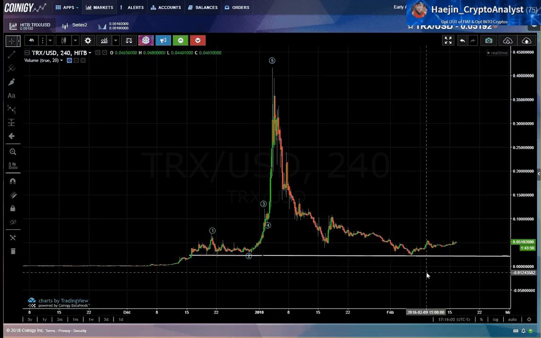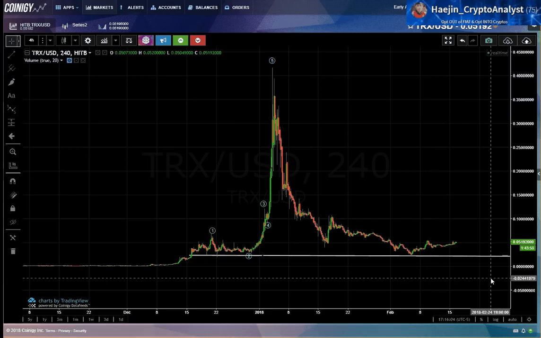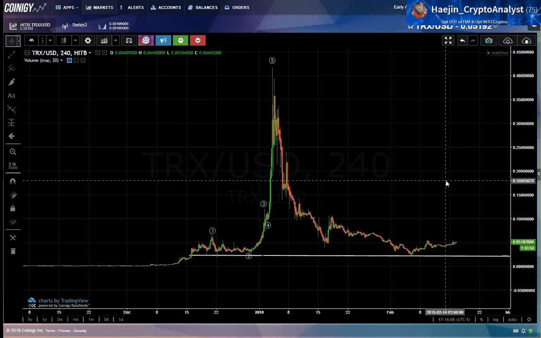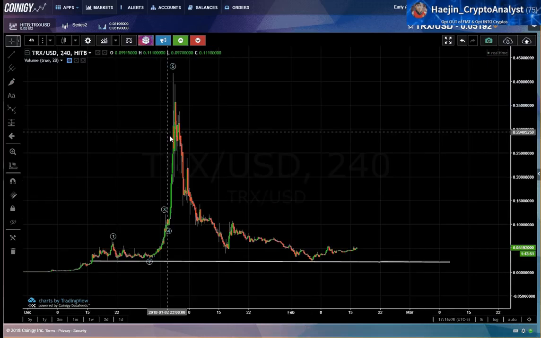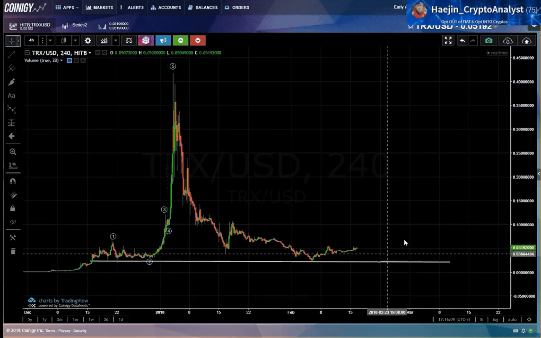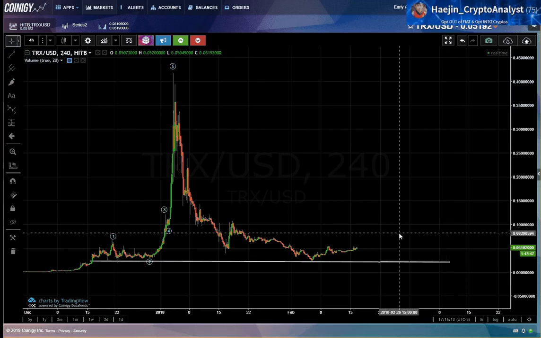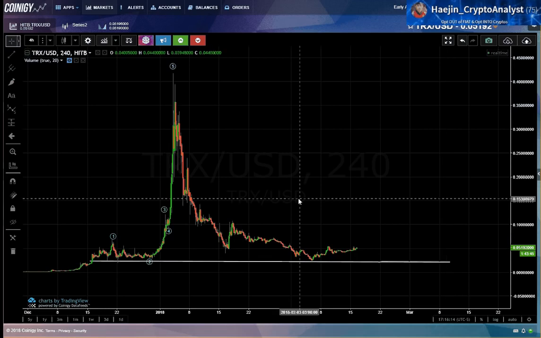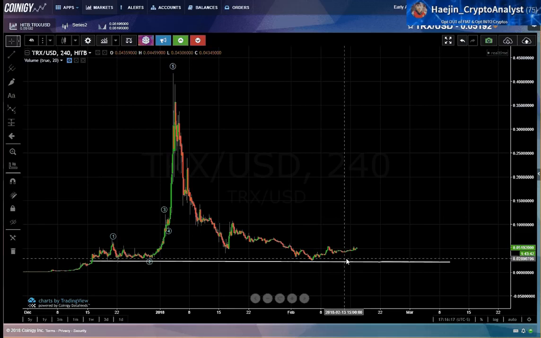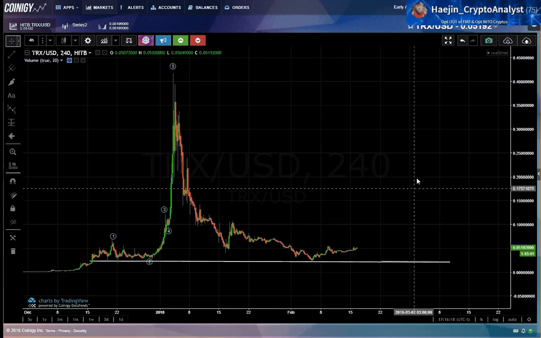So one has to take a bit of a wait and see attitude, because this whole thing could be a cup as it is anyways. And if we have passed the midpoint of this, then the price is going up towards the wall of this right side of the cup, and that's when the excitement will come out.